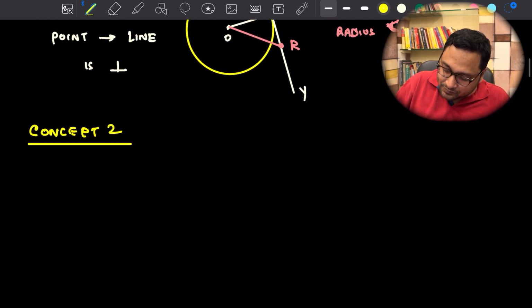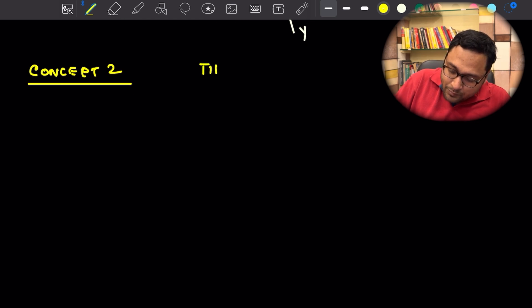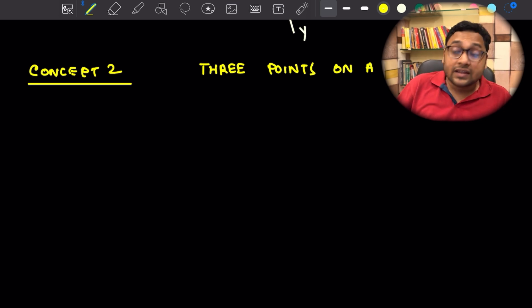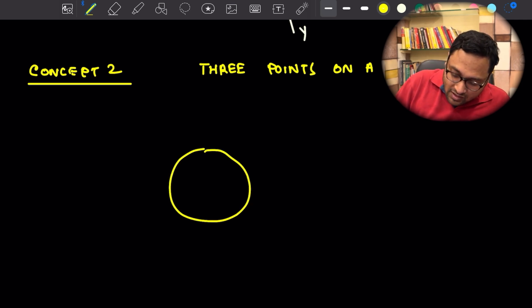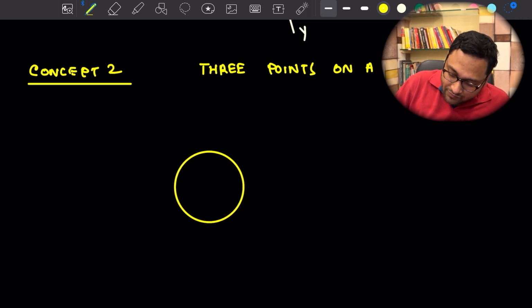This is 3 points on a line. 3 collinear points. So it's a very typical scenario. If you have a circle, if you have another circle that is tangent to it. Okay? So maybe I can draw it in a different way. Let's draw it internally.